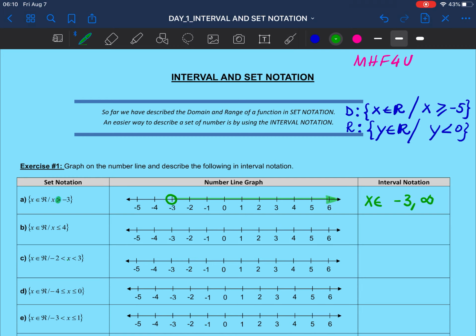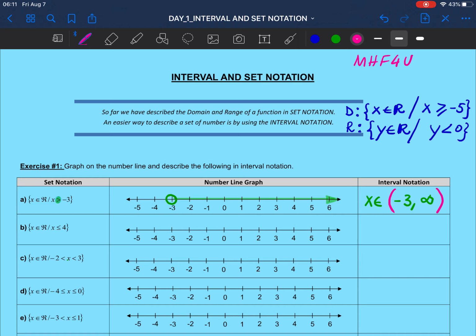Now because -3 is not included in the set, then we are going to use round brackets around it. And infinity, or negative infinity for that matter, always is surrounded by a round bracket as well. And this is the interval notation presentation of this set of numbers.